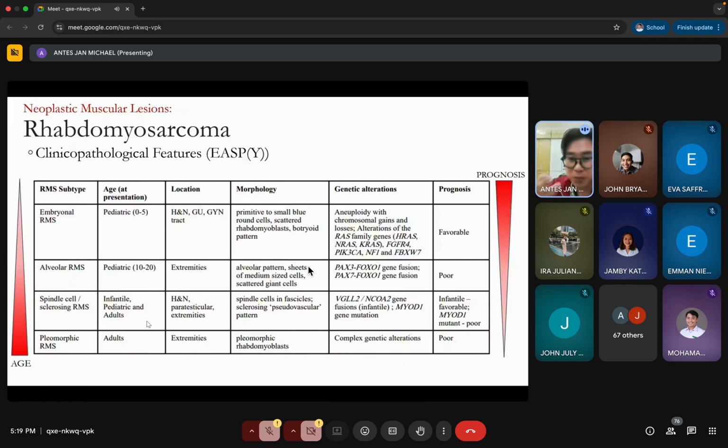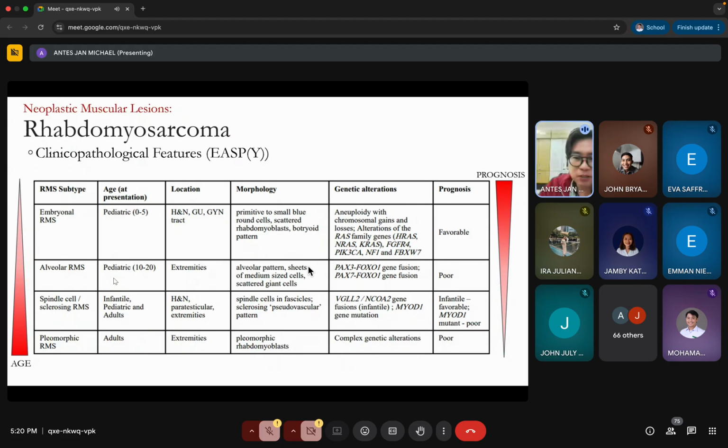Just change the Y to P. So this mnemonics right here will correspond to embryonal, alveolar, spindle, and pleomorphic. Since it's already arranged in such way, the age would be from kids to adult, so from pediatric to adult.